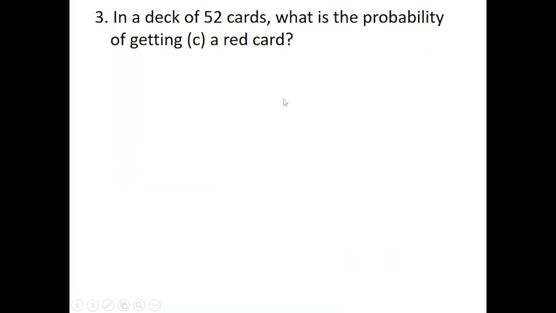Okay? So, what is the probability of getting a red card? So, ulit, in getting a card in a deck of 52 cards, okay, so total number of possibilities, 52. Let R be the event that the red card is drawn in a deck of 52 cards.